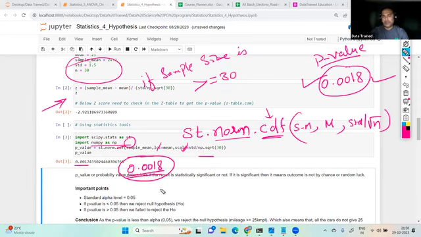This is called a p-value or probability value. What does this value indicate? This value determines if the result is statistically significant or not. Means, is it sufficient to prove? What to prove? Now let's talk about it.